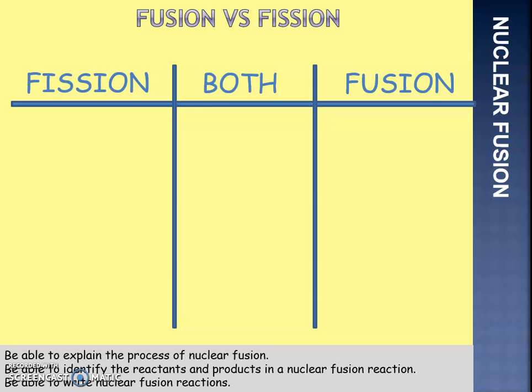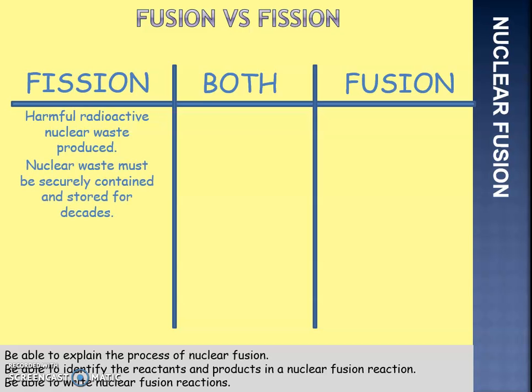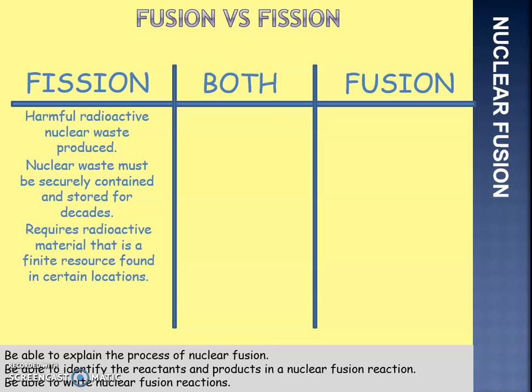So fission versus fusion. Let's try and do a table comparing them to each other. With fission, we produce harmful radioactive nuclear waste. It's got to be securely contained and stored for decades, and it requires radioactive material that's a finite resource found in certain locations. Fission's already used to meet our energy demands.